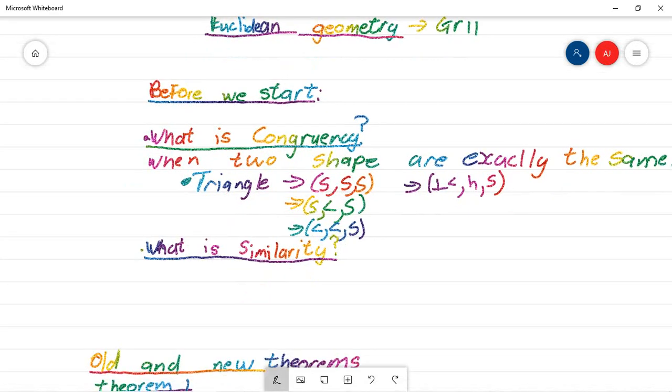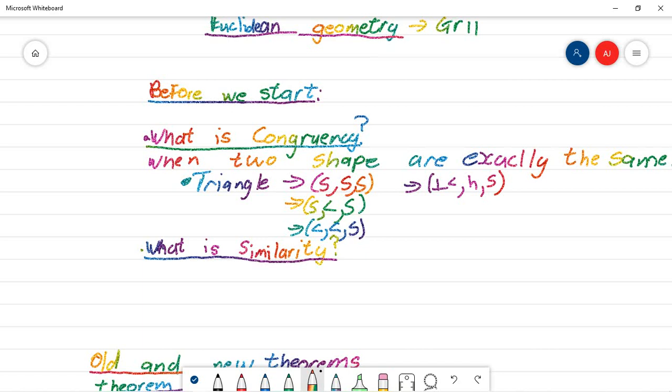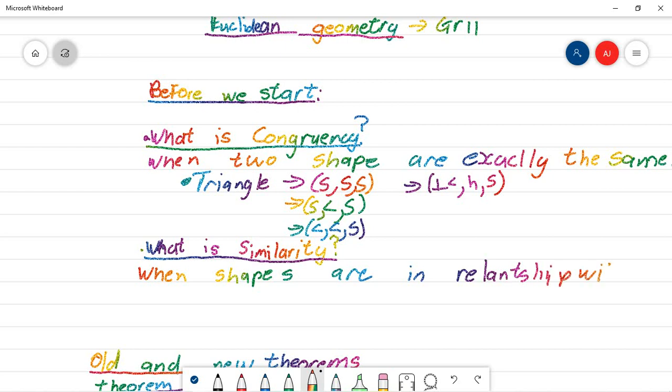Then similarity occurs when shapes are in relationship to each other, or what I mean by that is one shape is exactly twice as big as the other one. So when shapes are in relationship to each other in regards to their size.